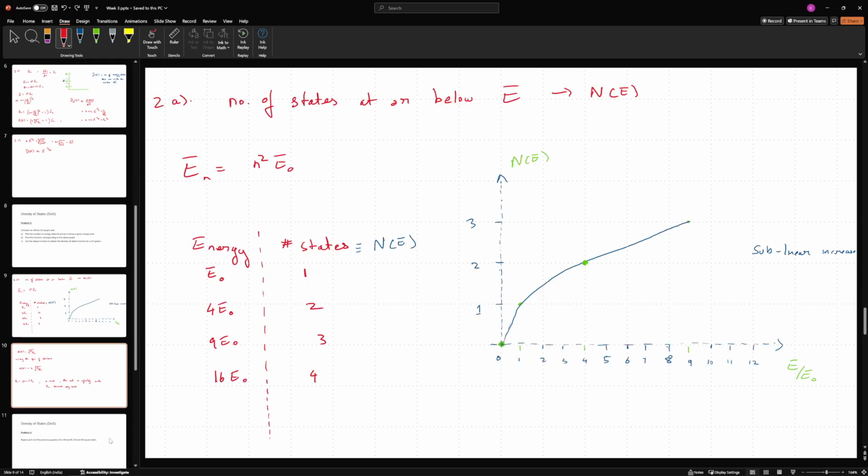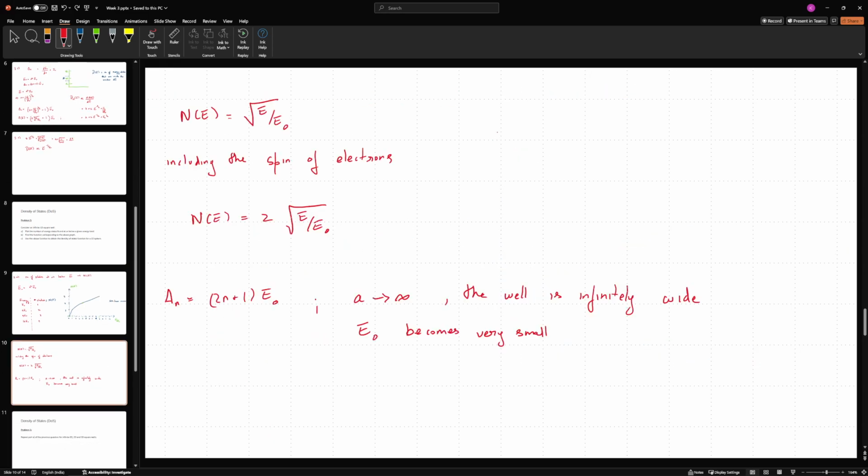So this would imply d of E is equal to dn of E by dE. So I just need to take the slope of this quantity here.